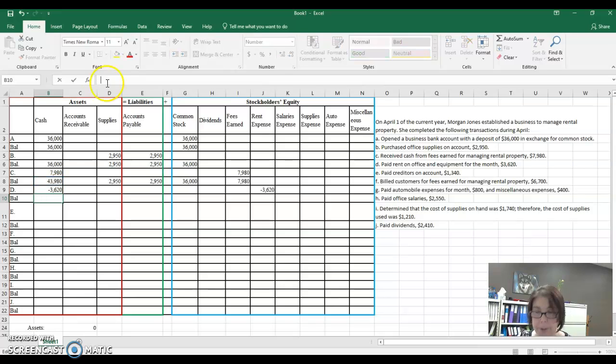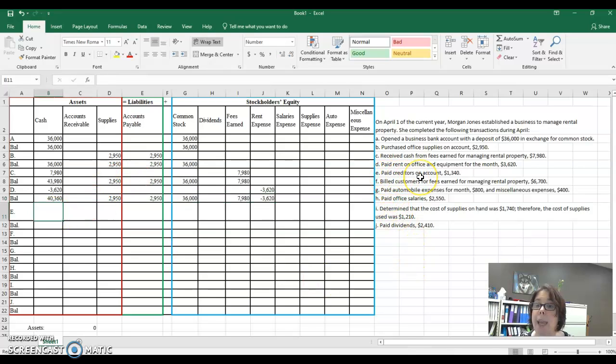Since I put that in as a minus, it will bring me down to $40,360. We still have $2,950 in supplies, $2,950 in accounts payable, $36,000, $7,980, and we now have $3,620. If I highlight my total assets, it's $43,310. If I total all of these by highlighting them, it's $43,310. So we are still in balance.